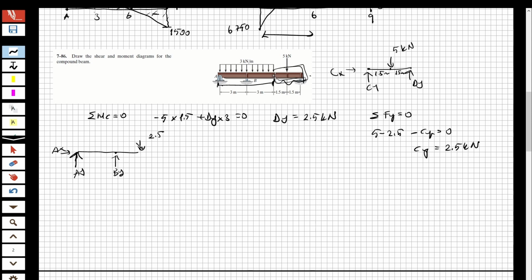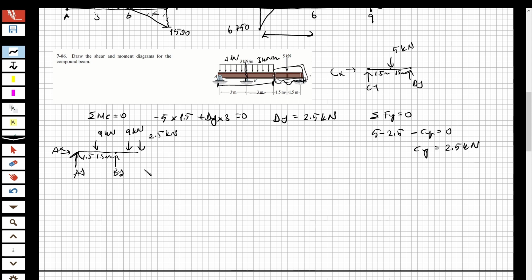So okay, this is 2.5 kilonewton. I have 3 kilonewton per meter as the distributed load here, but for this I'm going to divide from that part. 3 kilonewton per meter here multiplied by 3 is 9. The midpoint of this shape is going to be 1.5, 1.5. Okay, for B, from B to that point, it's going to be again 3 kilonewton per meter multiplied by this length, and we are going to obtain 9.